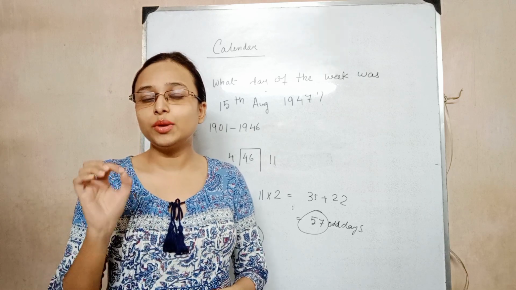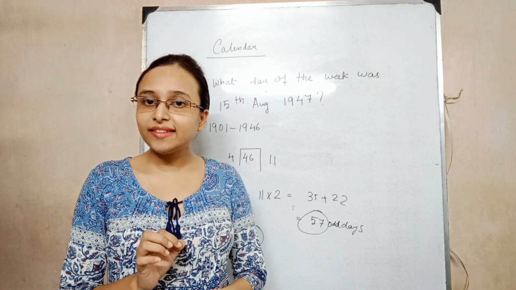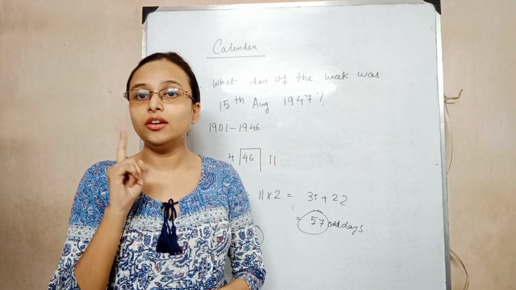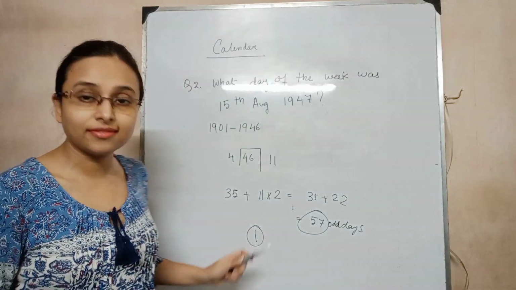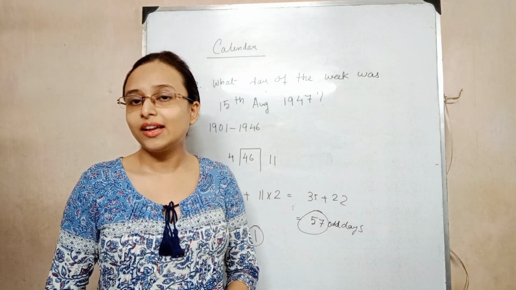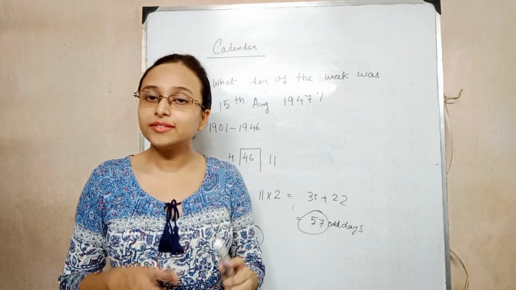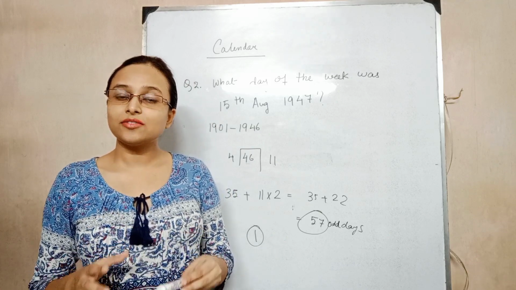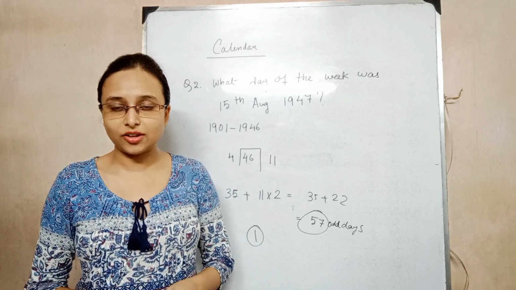So this indicates that from 1901 to 1946, there is only one odd day. Up till now, if it is clear, then we will proceed to the next part. This is what we have done for the third section.